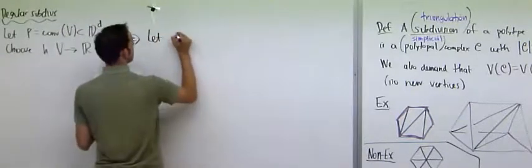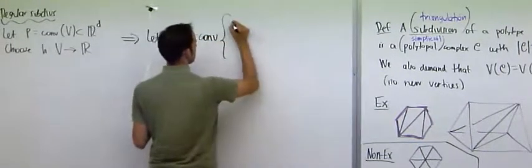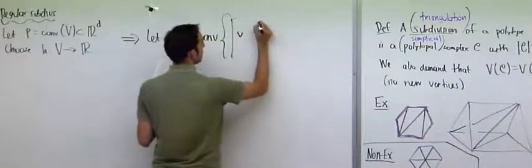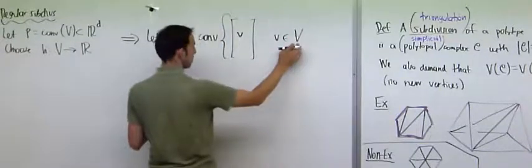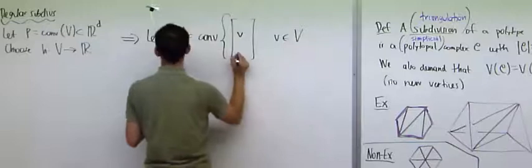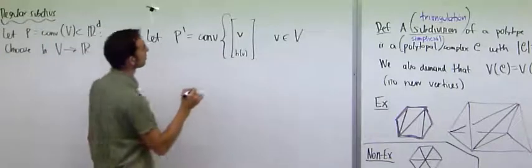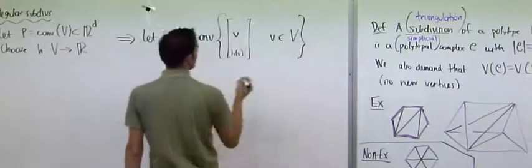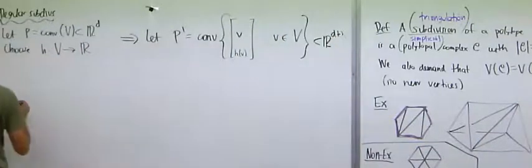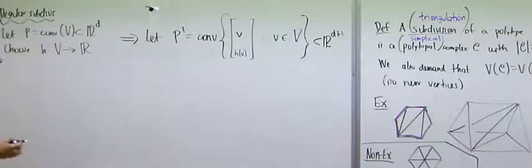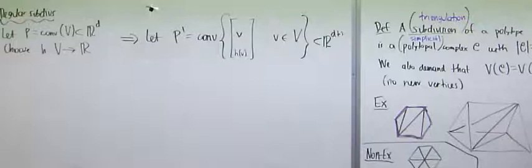And then I'm going to define a new polytope, which is the convex hull of the vertices of the form: I take each vertex of my original polytope, and then I put as a last coordinate this height that I introduced. So this is going to live in one dimension higher. So you see here, this is P, and this is P prime.